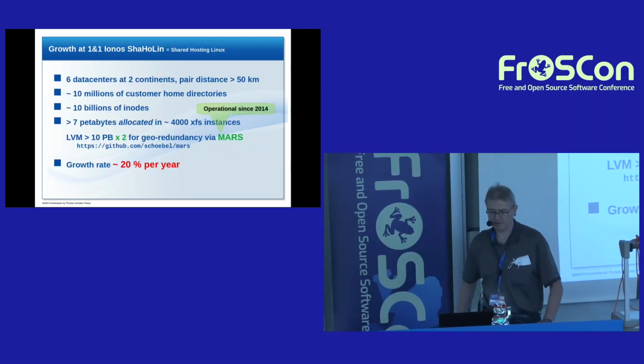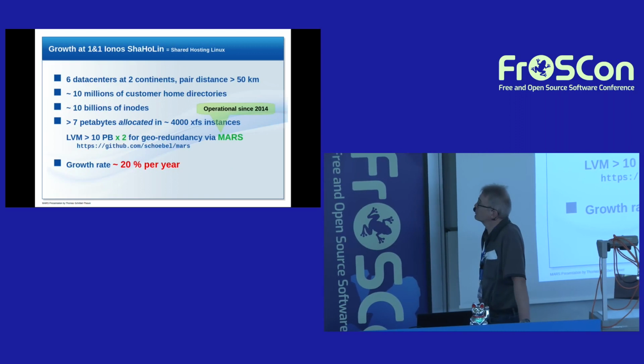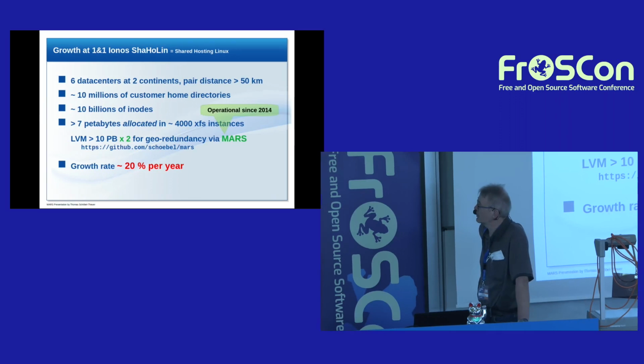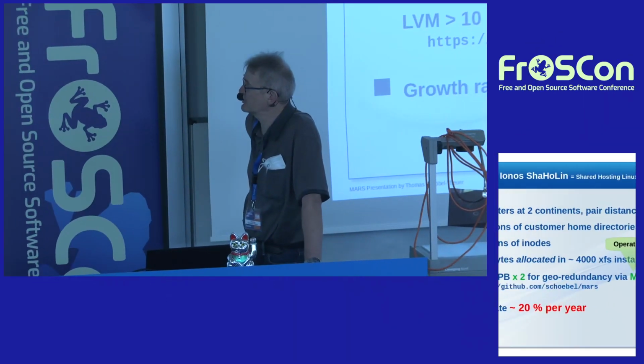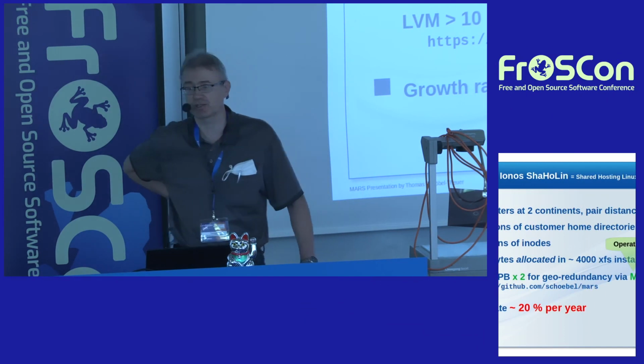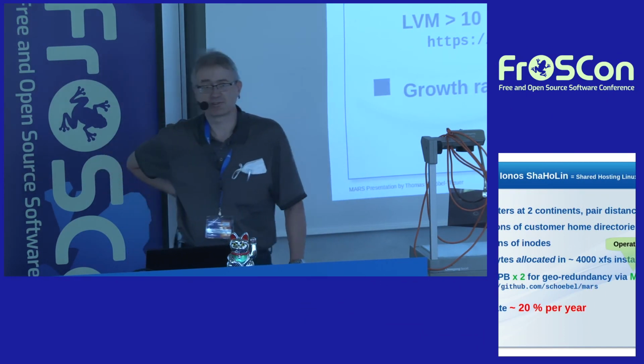Well, we start where I'm working. The Mars project has been in operation since 2014. Some numbers are here. In the meantime, we have 6 data centers on 2 continents, and 1 island, the British island, but this is starting now.